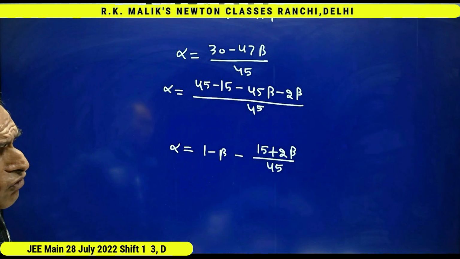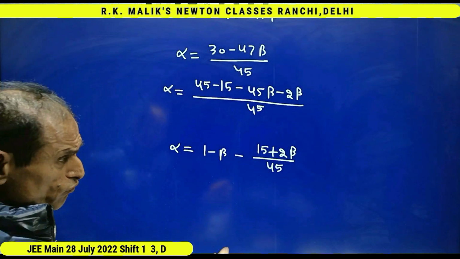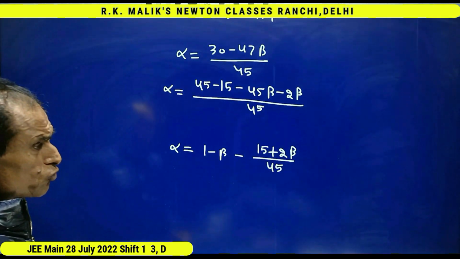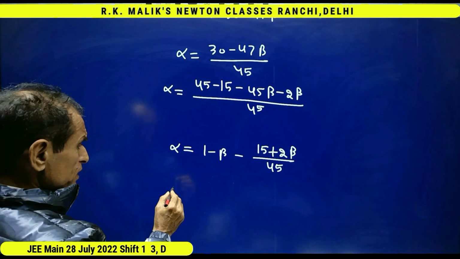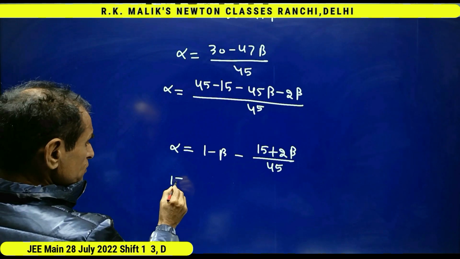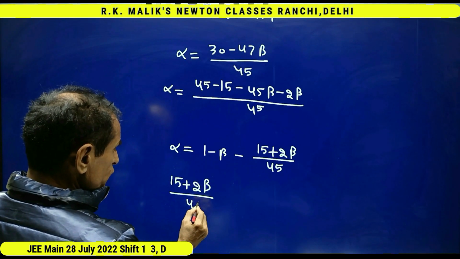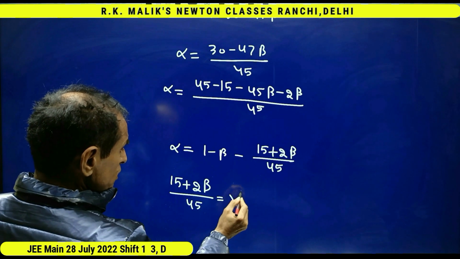And if you are not able to find it at this stage, you can also proceed further by taking (15 plus 2 beta) by 45 equal to, say, gamma.